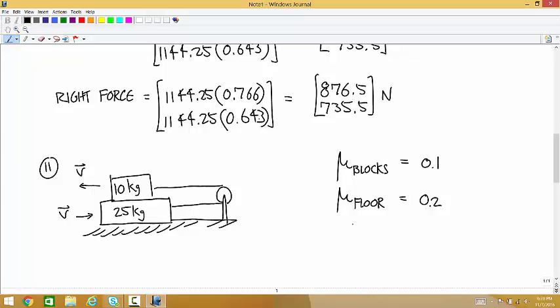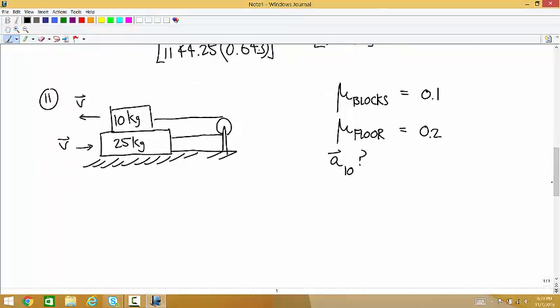And we want to calculate the acceleration vector of the 10 kilogram block. Okay, so there's no reason to pick one of these over the other one to isolate. It turns out we're going to have to isolate both of them. I'm just going to start with the top one.